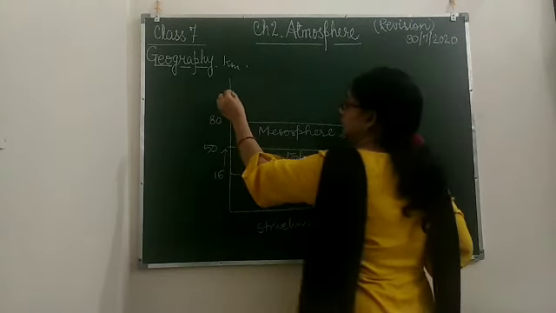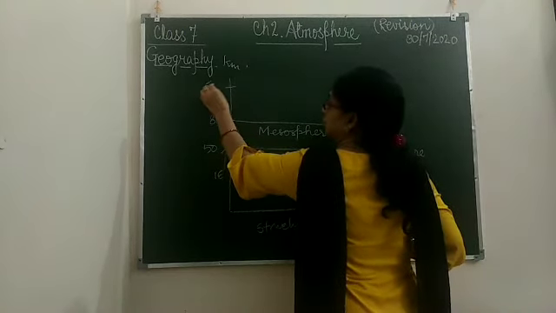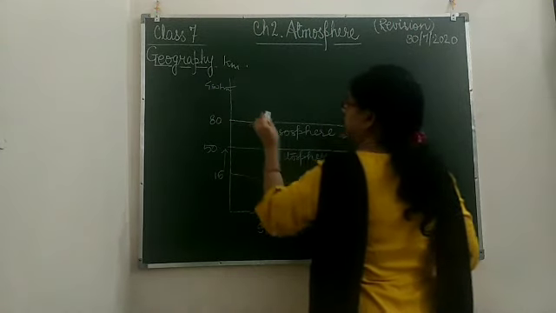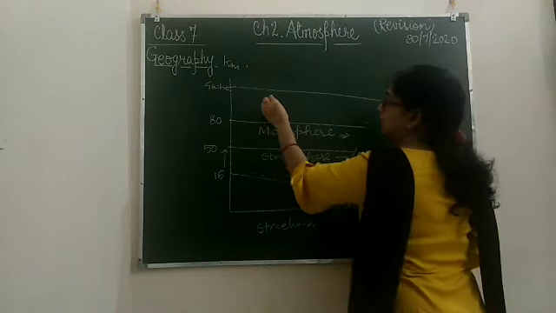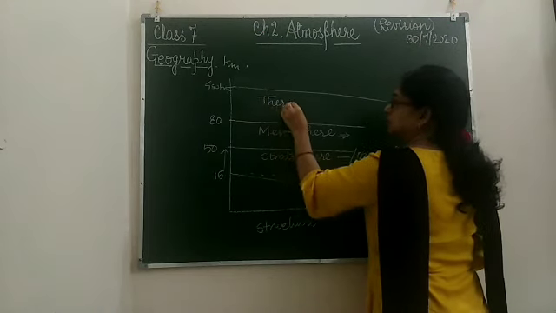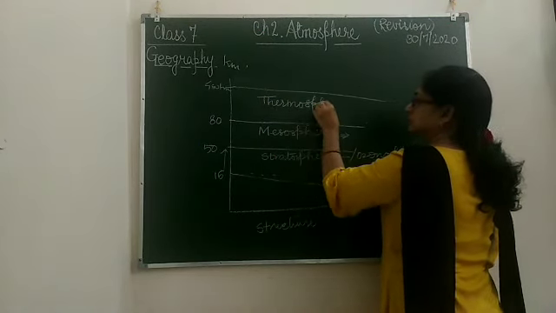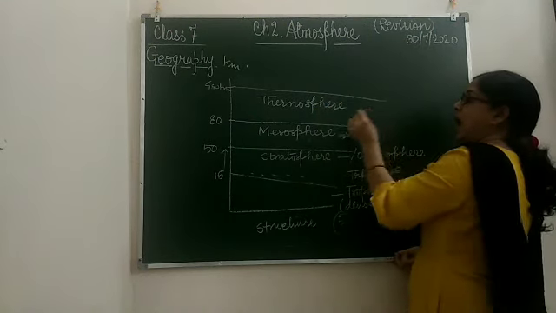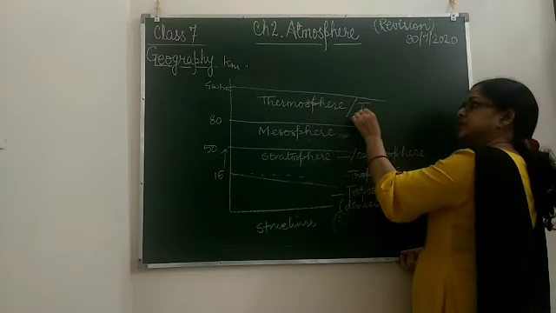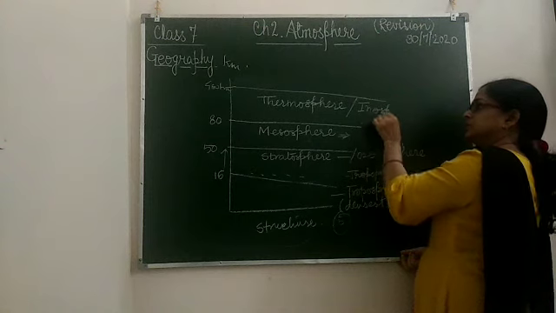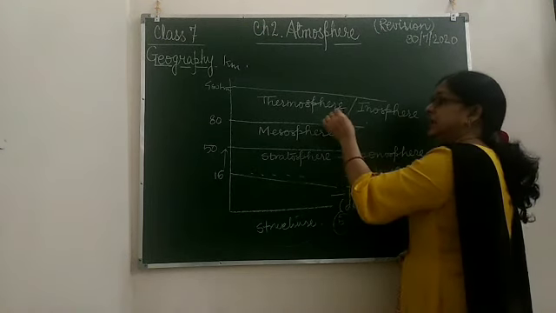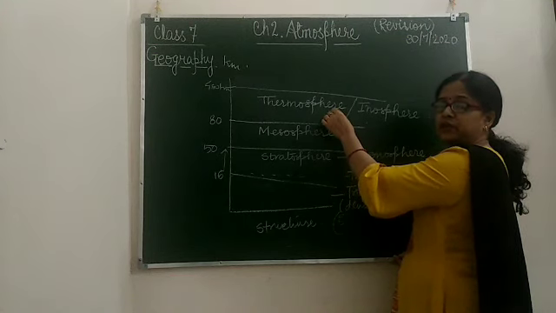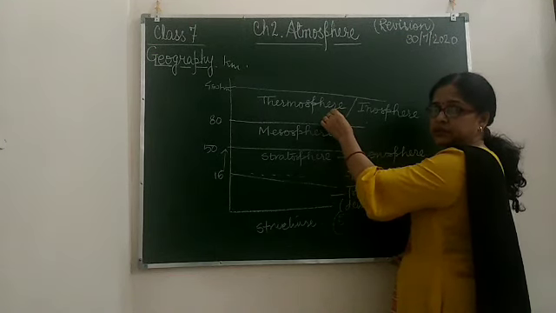The next one, whose height varies up to 450 kilometer, is the thermosphere. And this layer is also called ionosphere. Why is it called ionosphere? In this layer the electrically charged ions are present.